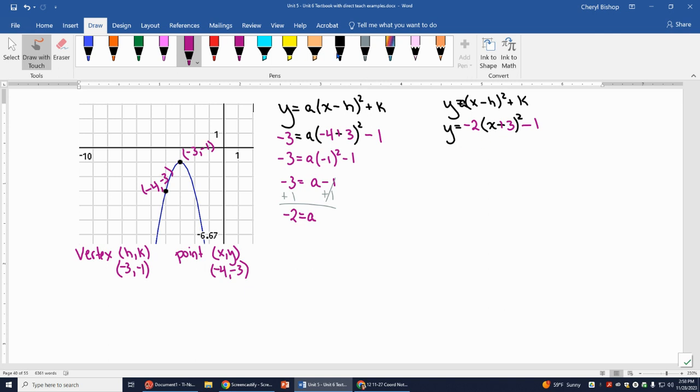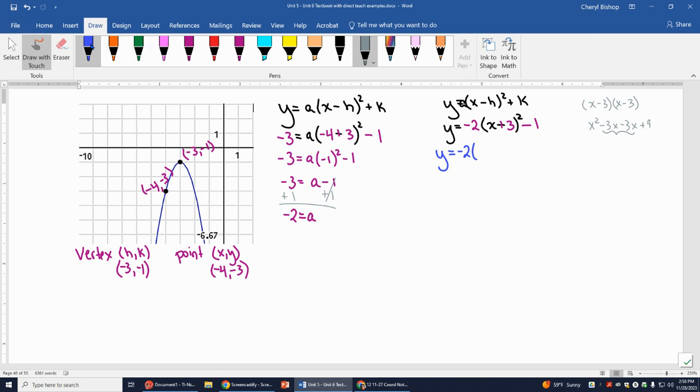So to do that, I am going to say y equals negative 2, and then I'm going to multiply this out. Again, if you need to come up to this side and do (x minus 3) times (x minus 3) and double distribute, and then combine those like terms, you can.